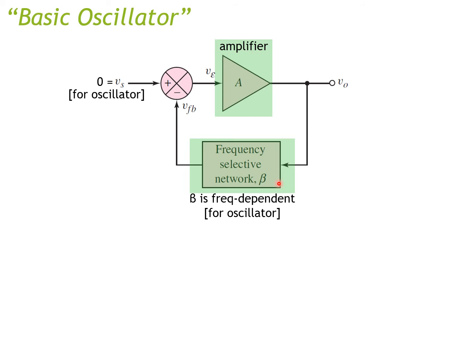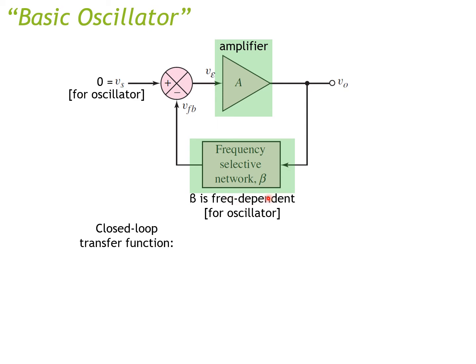So usually you remember when we did the calculation, we just got an actual number. However, in the case of positive feedback or an oscillator, you want this network to be a frequency dependent network.